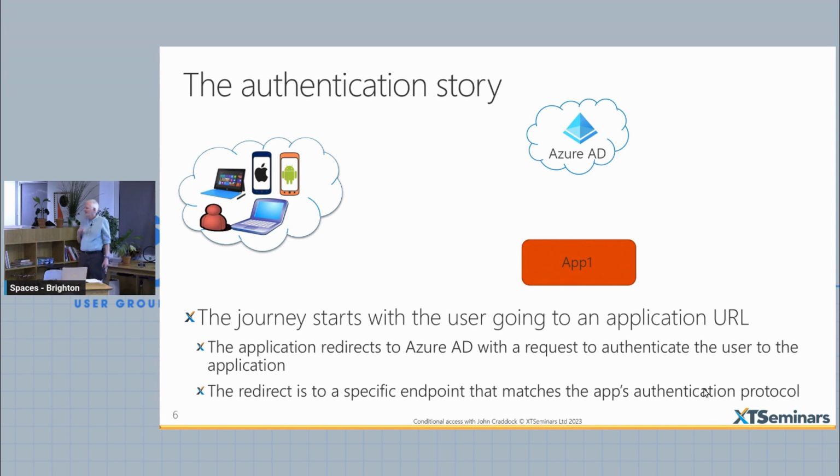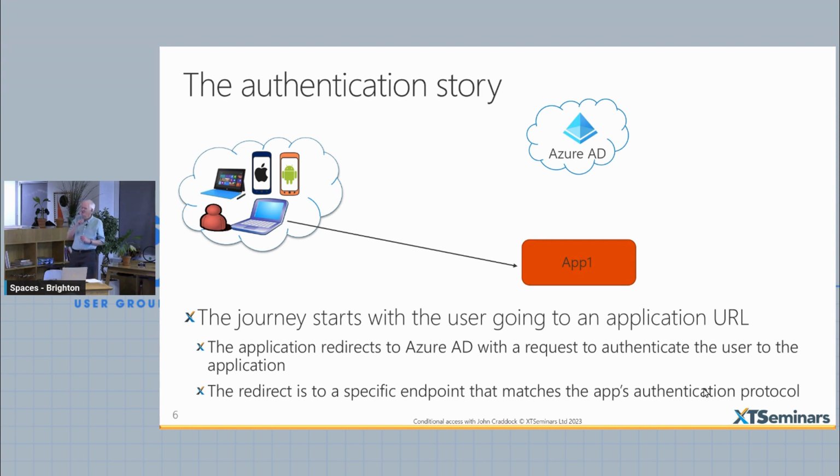So if we look at the authentication story, and I'm going to go into a little bit of detail of this because if you actually understand this, I think it's very useful in terms of sort of setting the scene in your head how authentication actually works. What we do is we end up going to an application, and the application will say, haha, you're not authenticated.